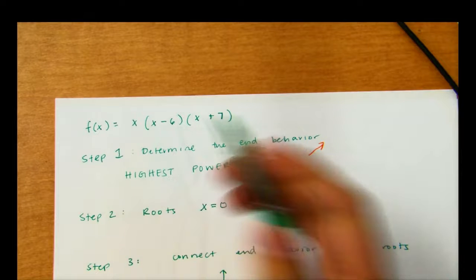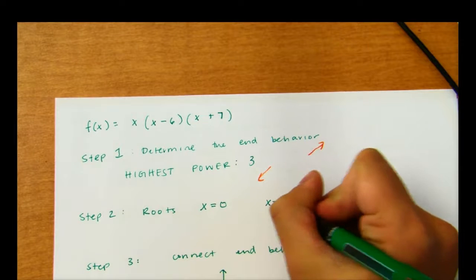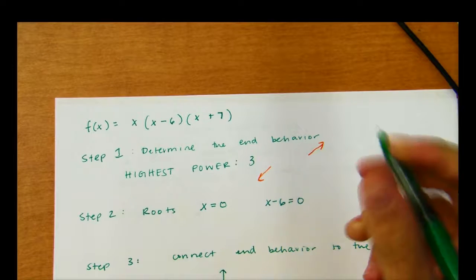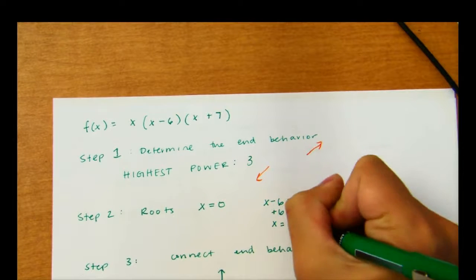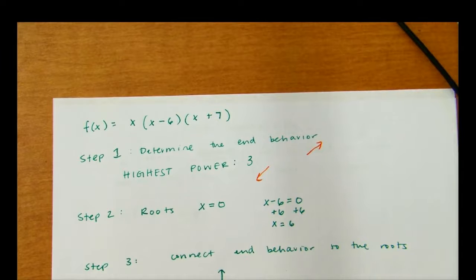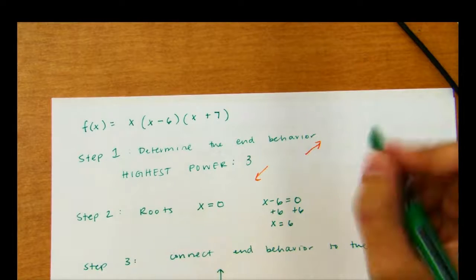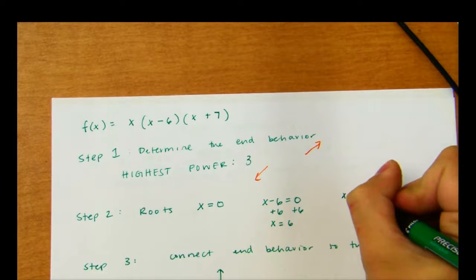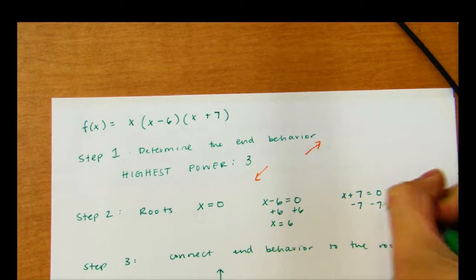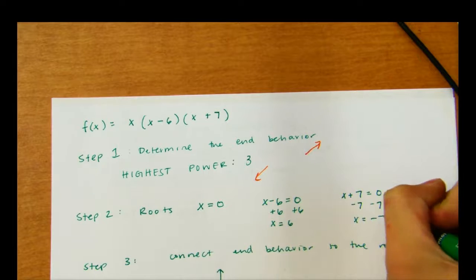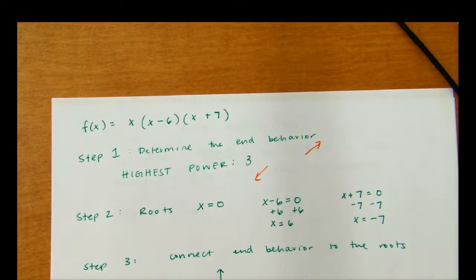Second piece is my x minus 6 is equal to 0. If I add 6, well, x will equal a positive 6. My third piece is x plus 7 is equal to 0. If I solve for x, subtract 7 from both sides, I'll get x is equal to negative 7.